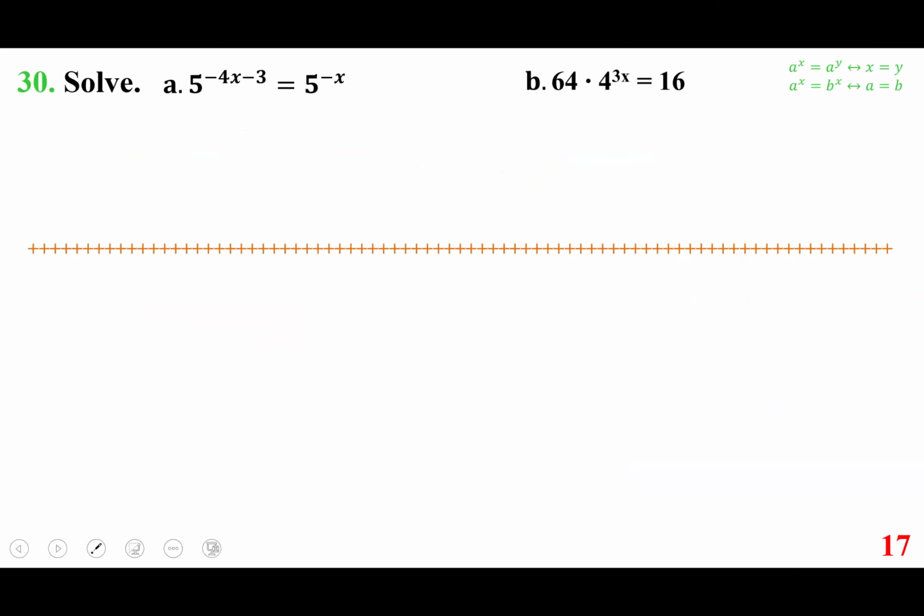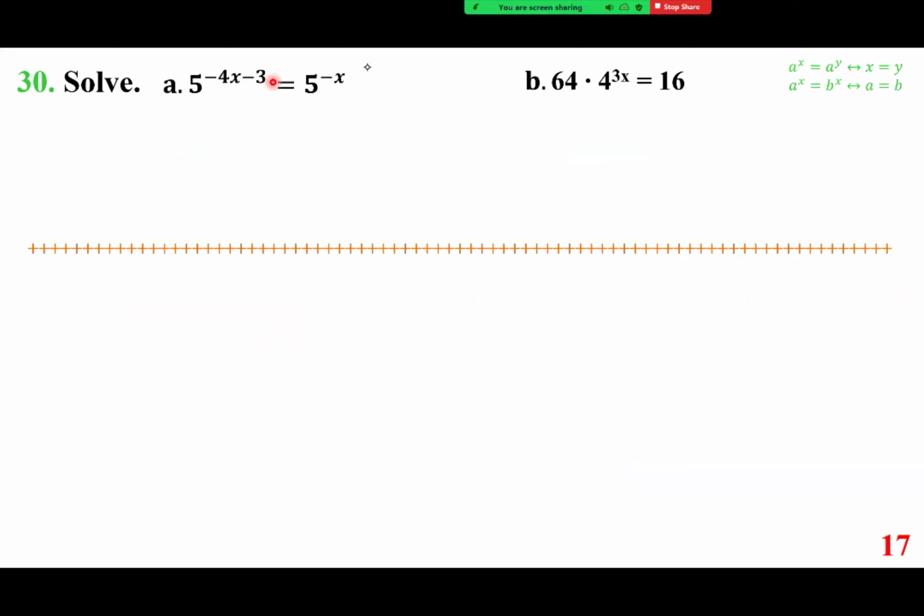We want to solve exponential equations. And when we look at part A, we have the same base. According to these rules, if you have the same base, you must have the same exponent, and if you have the same exponent, you must have the same base.